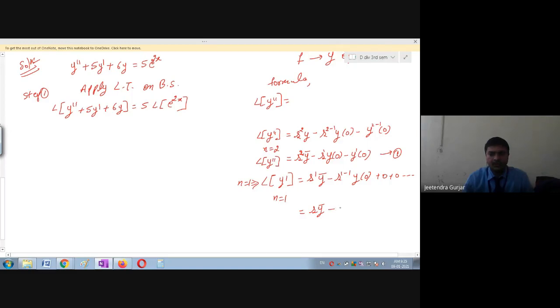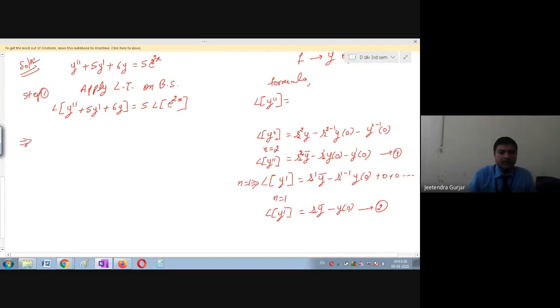Therefore, I will not write s. Only I will take y of 0. Yes, students, any doubt, please ask me. Therefore, L of y dash is equal to s y dash minus y of 0. So this is equation 2.